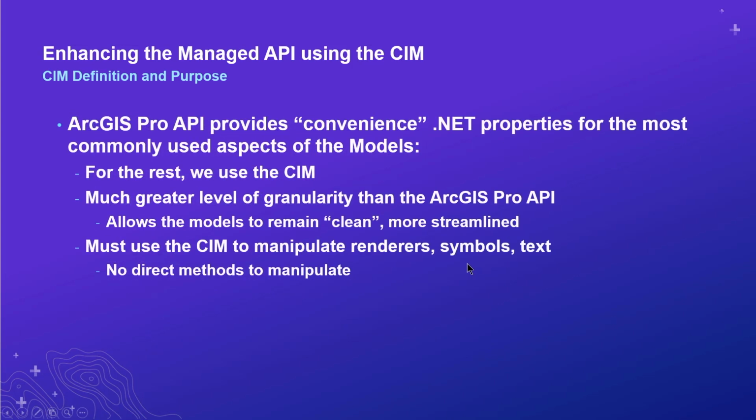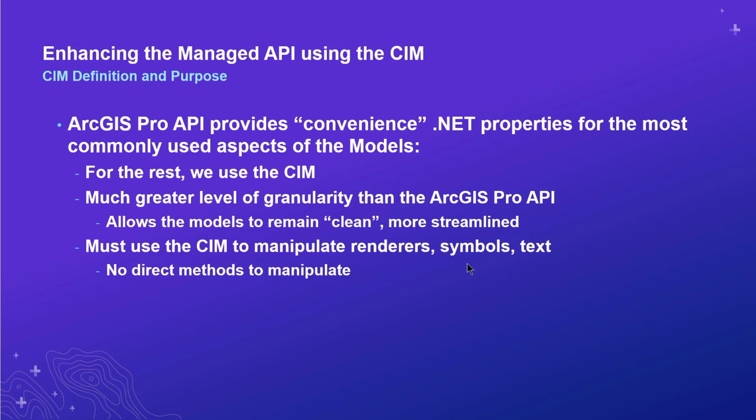The Pro model entities that I just spoke about, the maps, layers, etc., provide a collection of convenient .NET properties and methods for most of the commonly used aspects. To access these models at a finer granular level, we have the CIM. There are a large number of properties on the model entities.